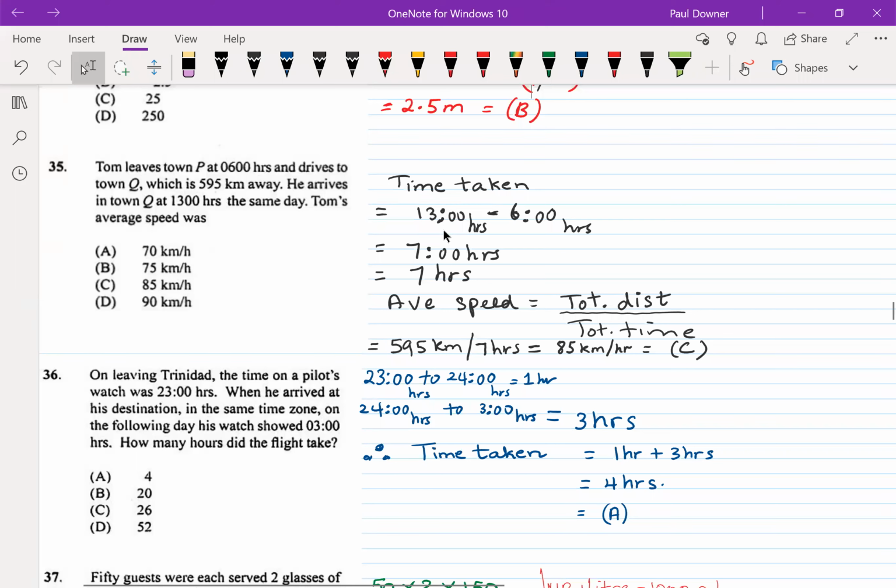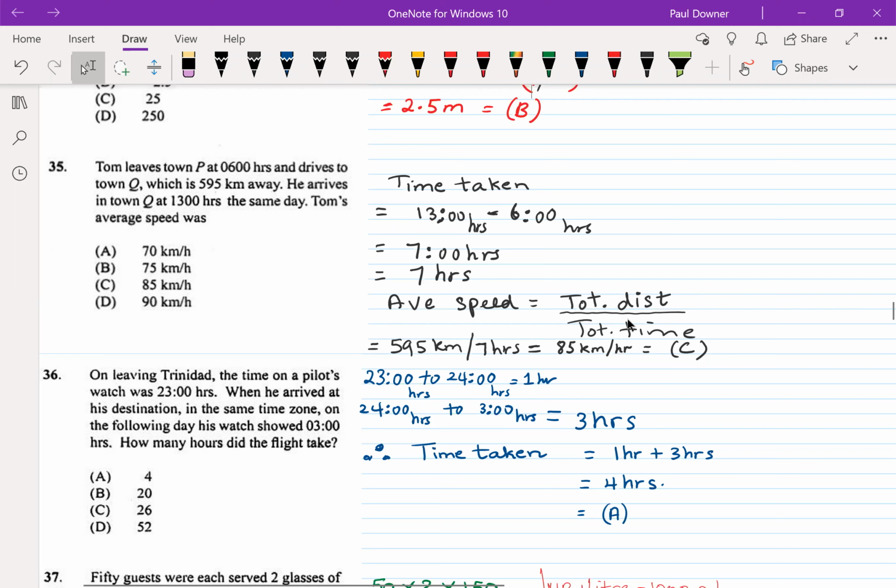If you check from 6 to 13, remember it's the same day. So 6, 7, 8, 9, 10, 11, 12, that'll carry it to noon, and then you go 1 extra hour. So that's a total of 7 hours that drive would have taken. Now remember the formula for average speed is total distance traveled divided by total time taken, right?